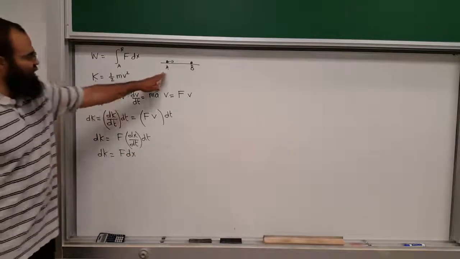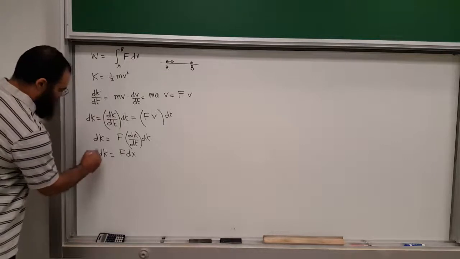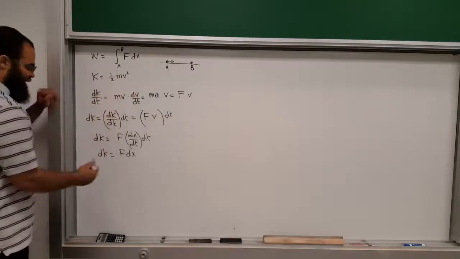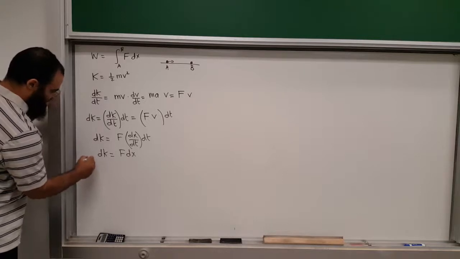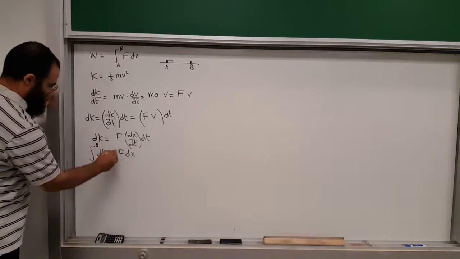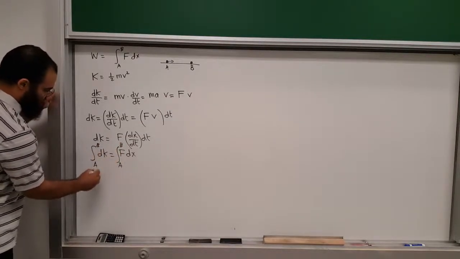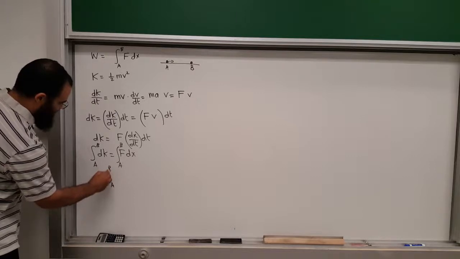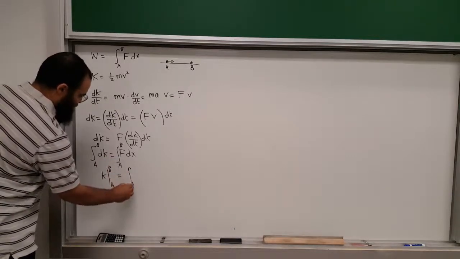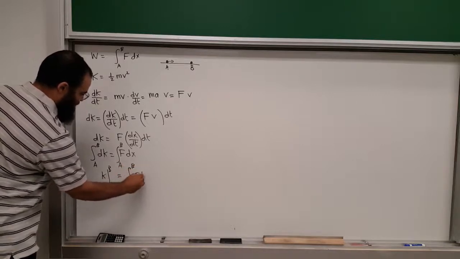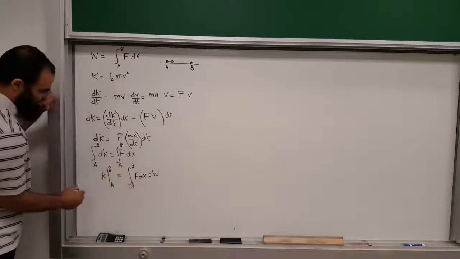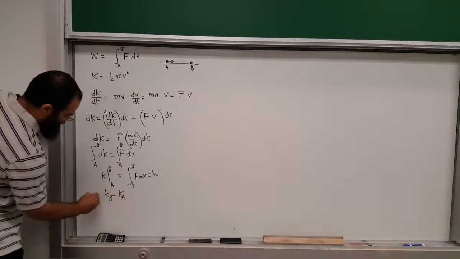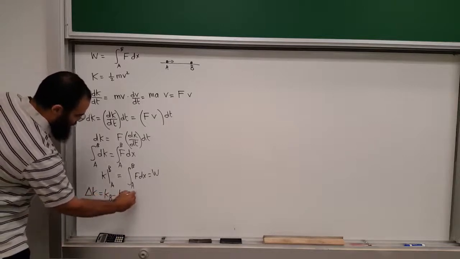Now let's integrate this from the initial position to the final position. The integral of dK is K evaluated between A and B, so it will be the kinetic energy at point B minus the kinetic energy at point A. I will keep the other side as the integral from A to B of F dx, and that's the total work done between points A and B. The kinetic energy at B minus the kinetic energy at A is called the change in kinetic energy, and that is equal to the work done.